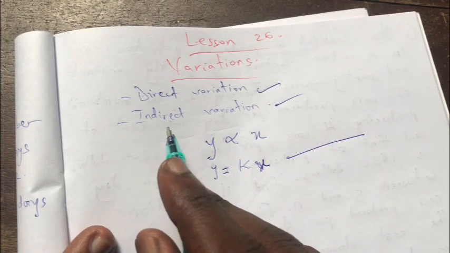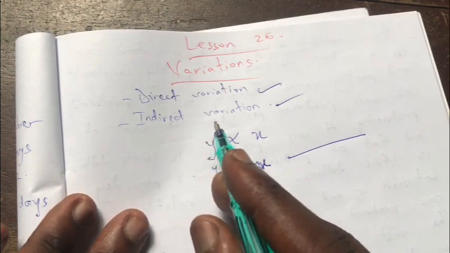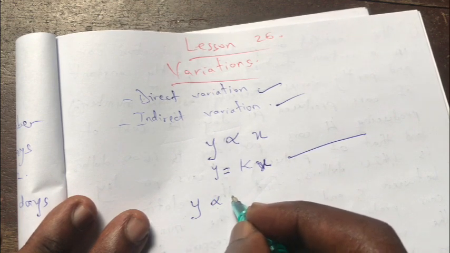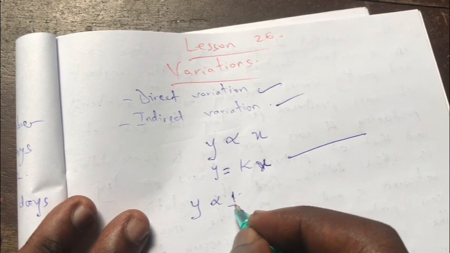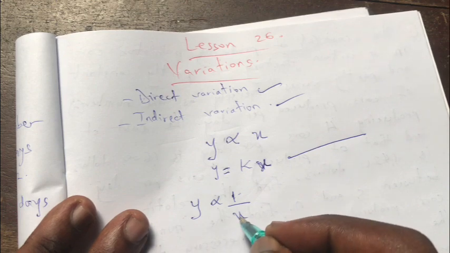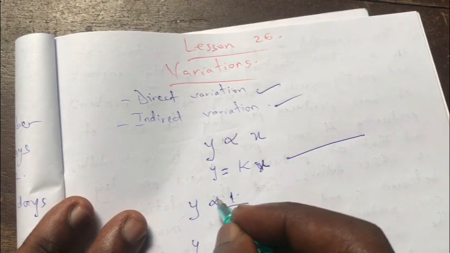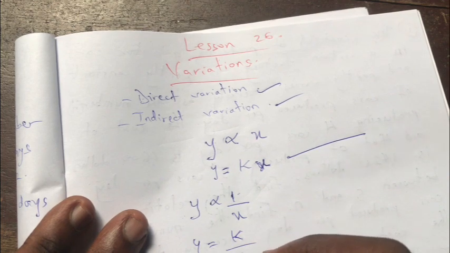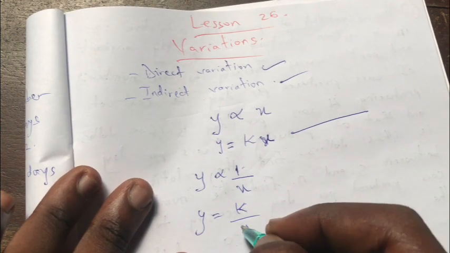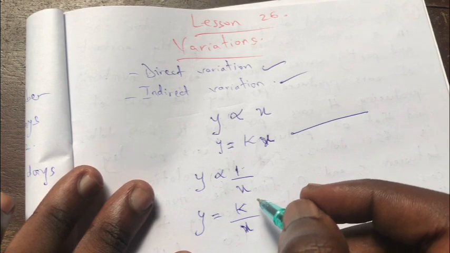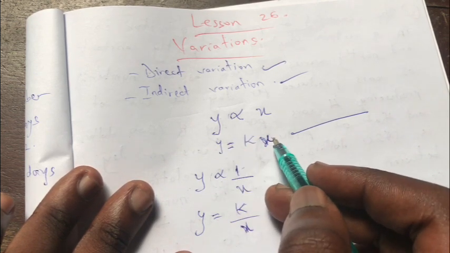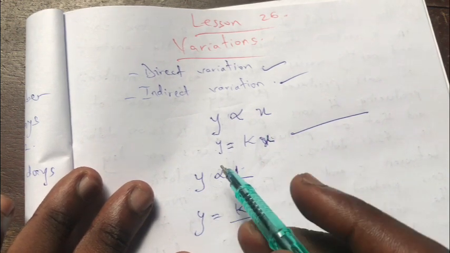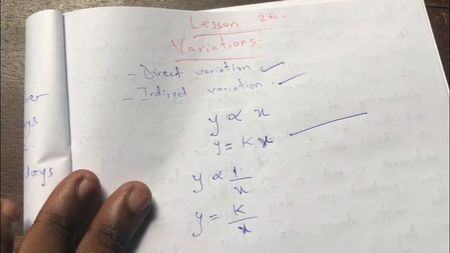When the equation varies indirectly, as y increases, x decreases, so you can change this to y equals k, a constant, over x. Just know that for direct variation, as x increases, y increases, but for indirect variation, as y increases, x decreases, and vice versa.